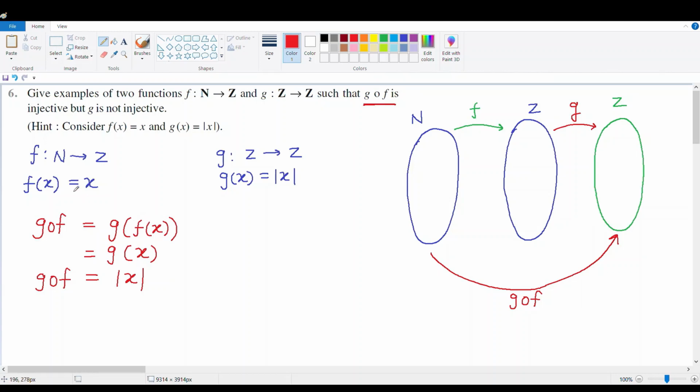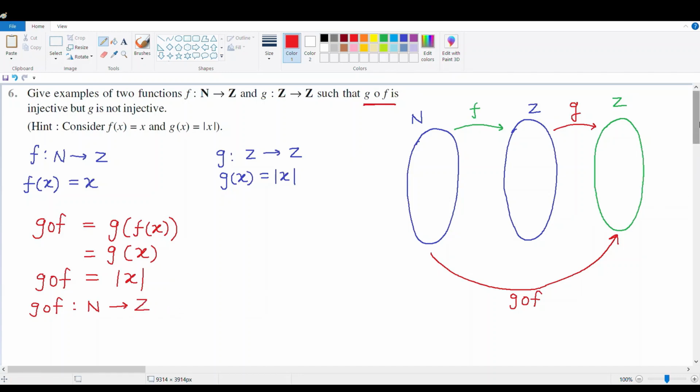Because the input is the input of function f, and the input of function f is N. So it's going from N and it is ending at the output of g, which is the integers Z. So I can write g of f goes from N to Z.